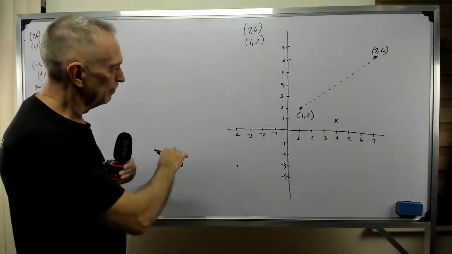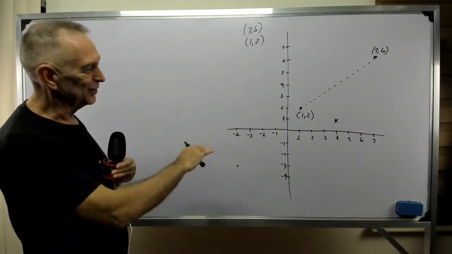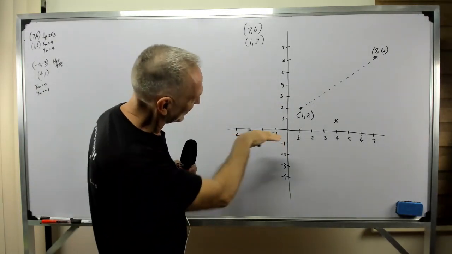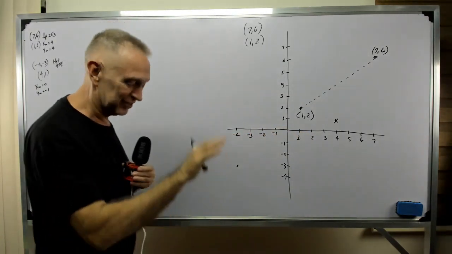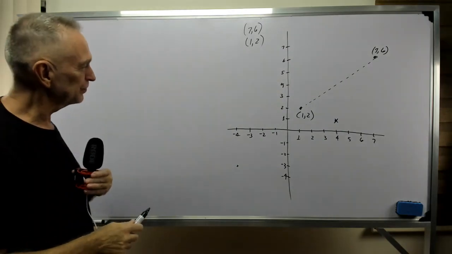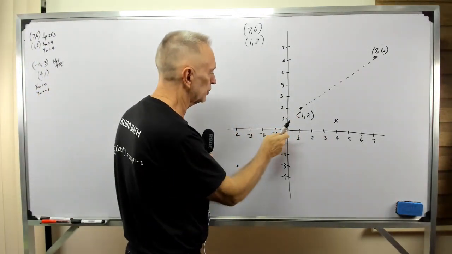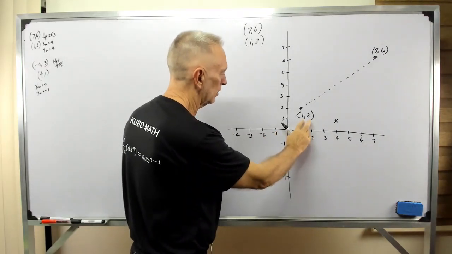Imagine if you will, these are straight lines. It looks a little downhill, but you get the point. We have a line that's drawn from the point (x, y) = (1, 2).